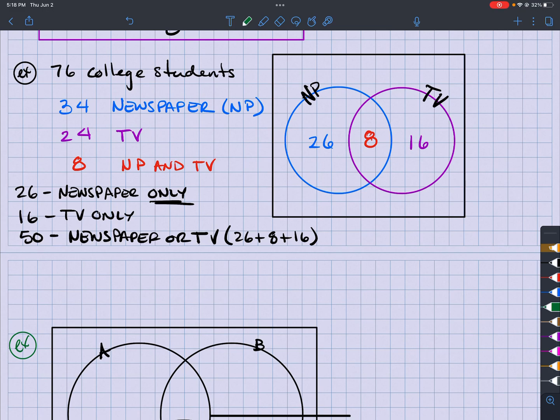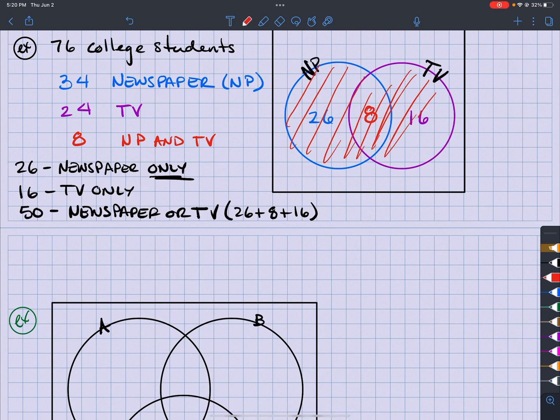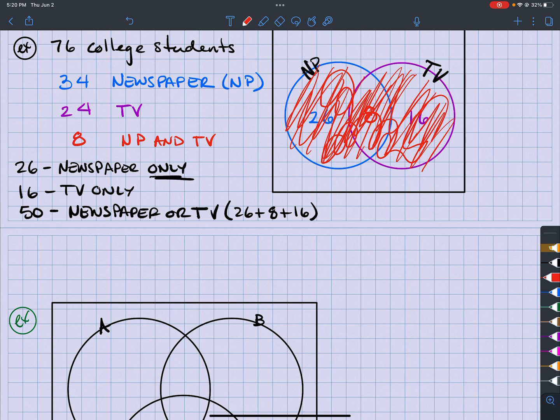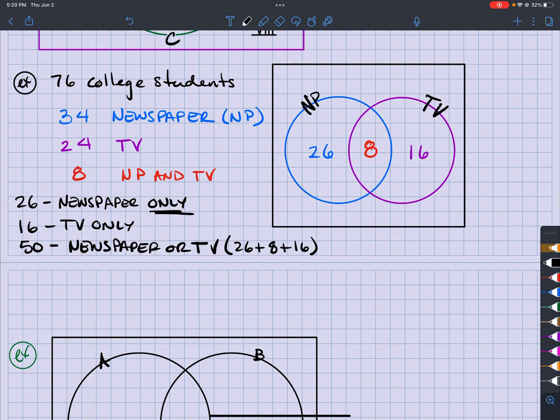So you would then take the 50, which is everything that's in here, and if you subtract that from what it started with, then you'll know who else is remaining. Okay? All right. So, question is, how many do neither?